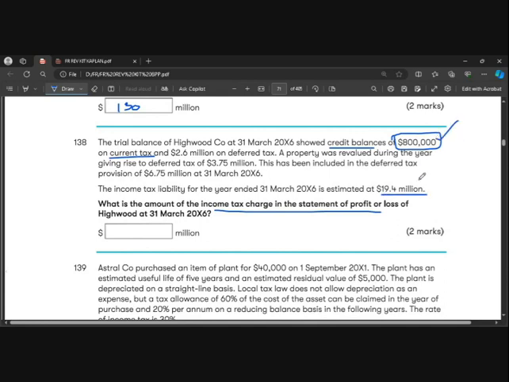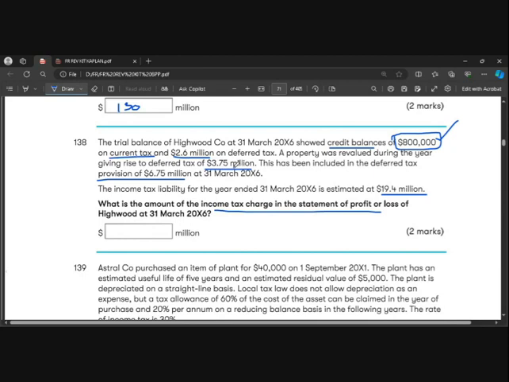Now you need to find movement on deferred tax, right? So opening balance is how much? 2.6 million. And property was revalued during the year. So we have 3.75 property revaluation, and this has been included in the deferred tax provision of 6.75 million. Basically, this 6.75 million contains 3.75 million.